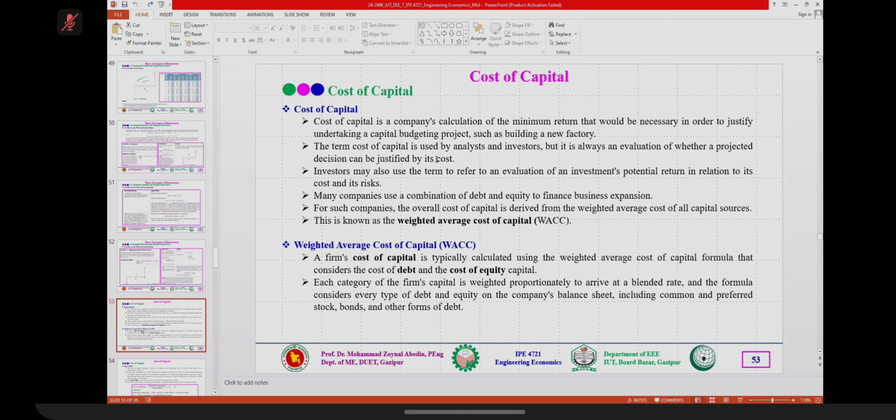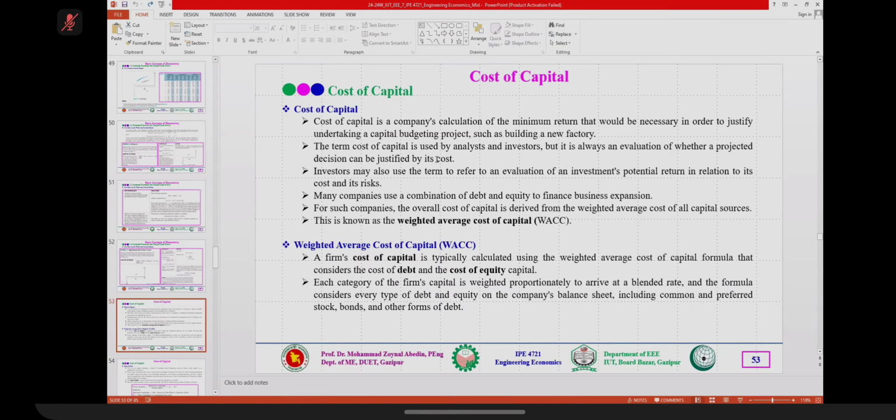Cost of capital is a company's calculation of the minimum return that would be necessary in order to justify undertaking a capital budgeting project, such as building a new factory. The term cost of capital is used by analysts and investors, but it is always an evaluation of whether a projected decision can be justified by its cost.